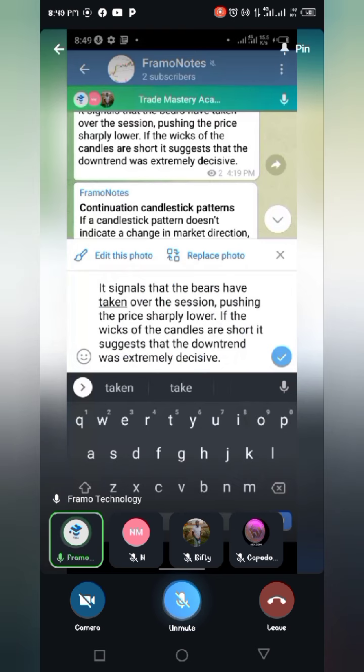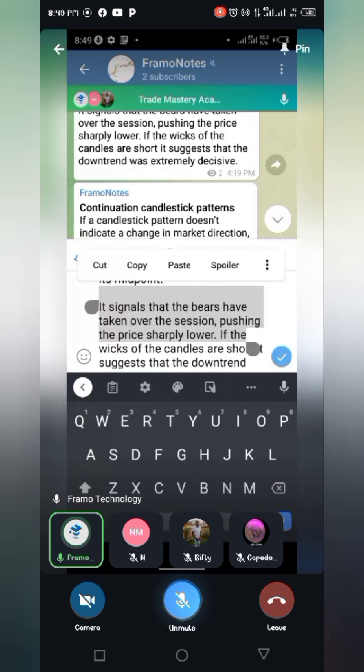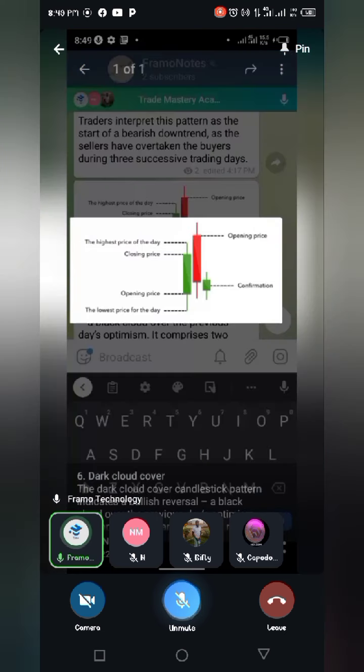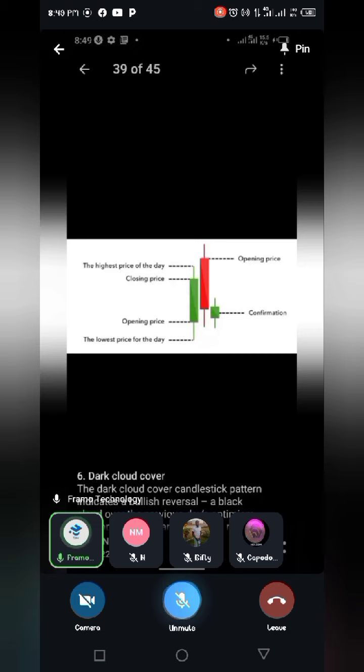It's like the piercing line. I hope you can see it. So we will have a green candle, big one, followed by almost the same candlestick, but in red. Then we will use the gaps to confirm.